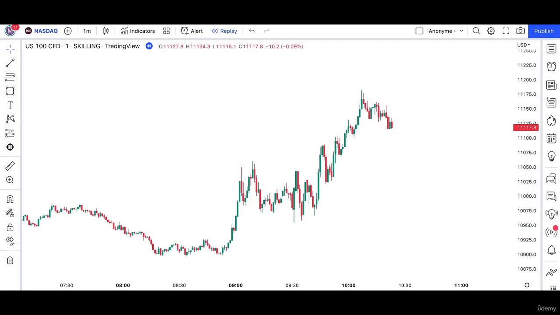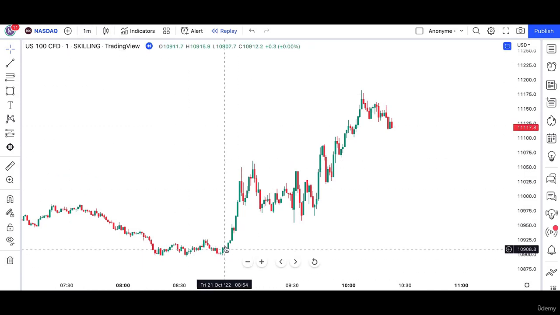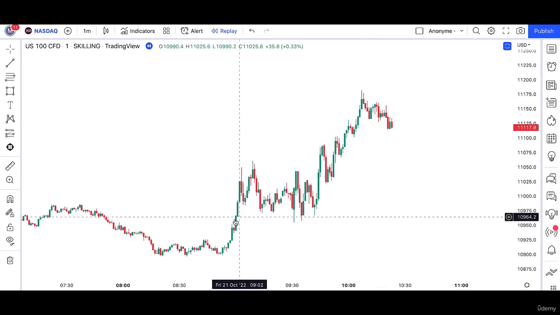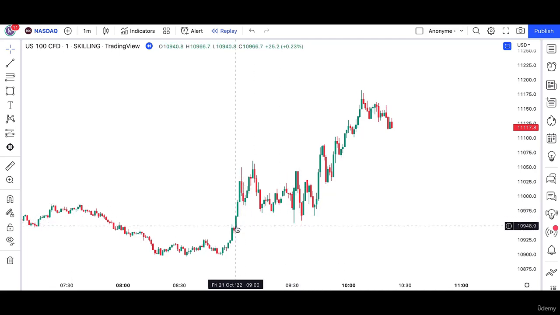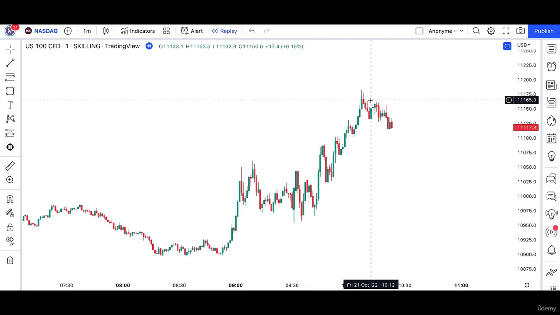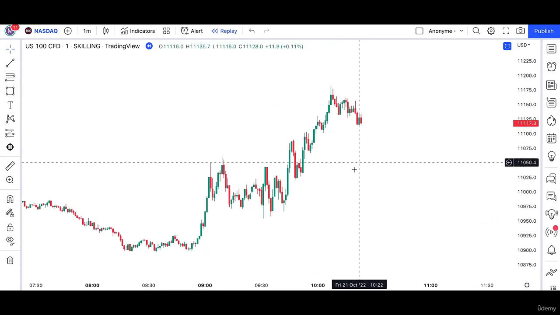So let's see an example of a trade using the inducement. Here we are using the 1-minute Nasdaq chart. As you can see here, price is bullish. First, we broke this structure, formed this fair value gap, traded back to fill it and started trading higher again. So price is showing us a bullish momentum.